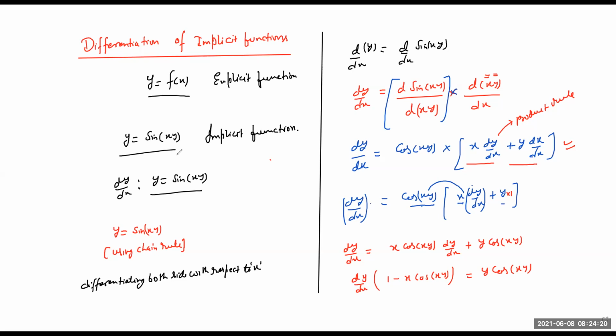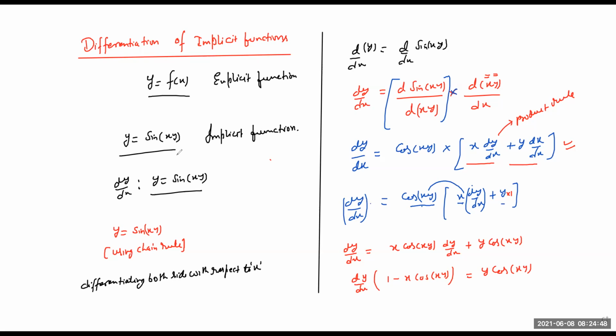So I'll start with an example. If you write y equals sine of xy, then we have y on the left hand side and y on the right hand side, so we cannot separate it. The y is so mixed with the sine angle that we cannot take it out and take a common. So y will remain the way it is, and you cannot segregate it. Therefore, such functions we call implicit functions.